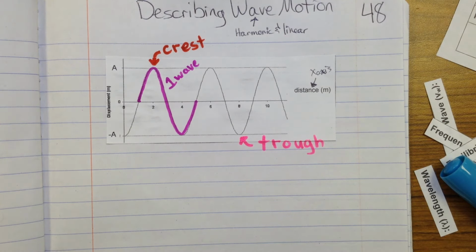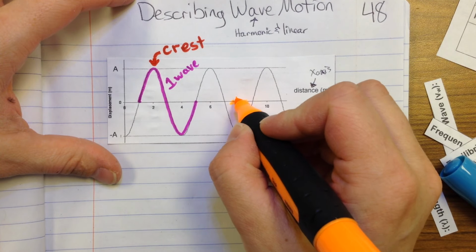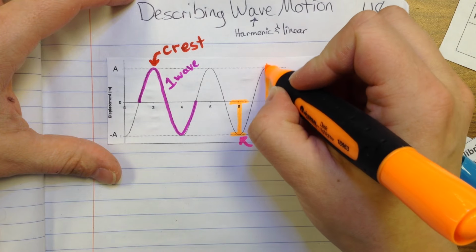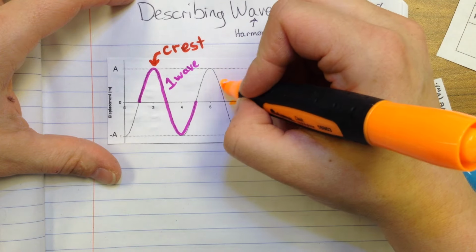Something that comes directly from harmonic motion is amplitude. Amplitude is exactly the same.